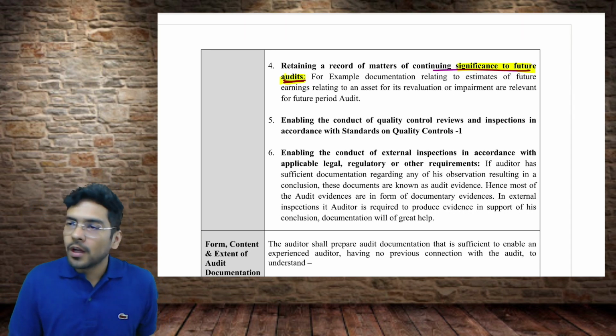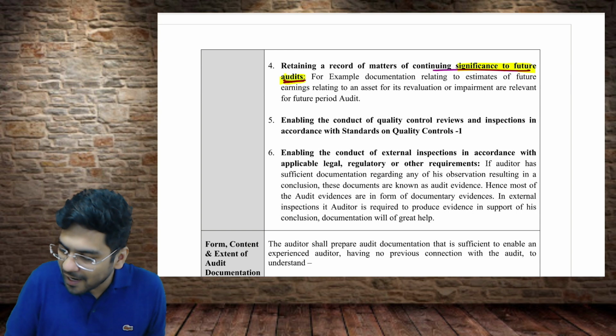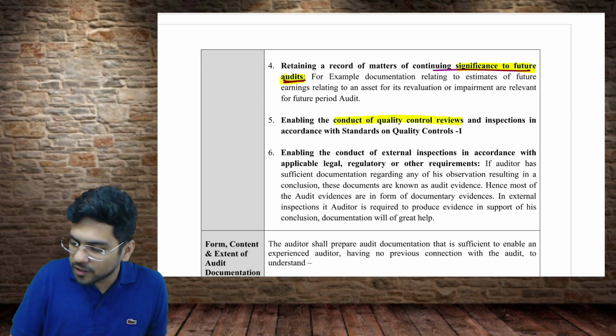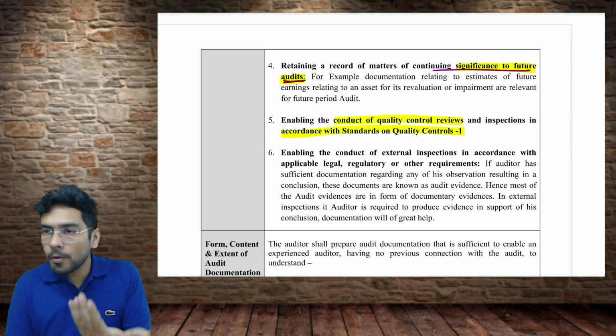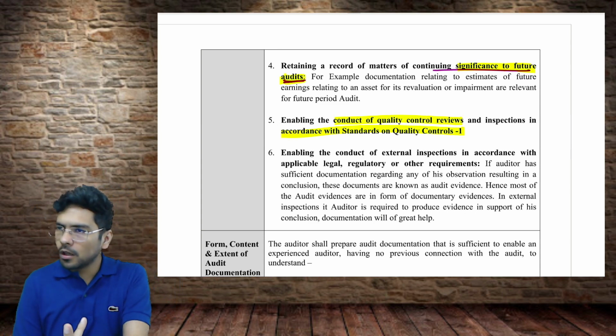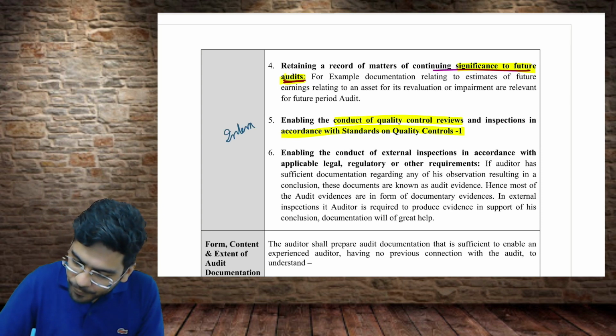Now again, if we want to ensure quality, whether we have done proper work or not with SQC 1 and all, again, enabling the conduct of quality control reviews and inspections in accordance with what? If any quality control review is done, probably we'll have to show them the documents. Quality control review is more like something internal.